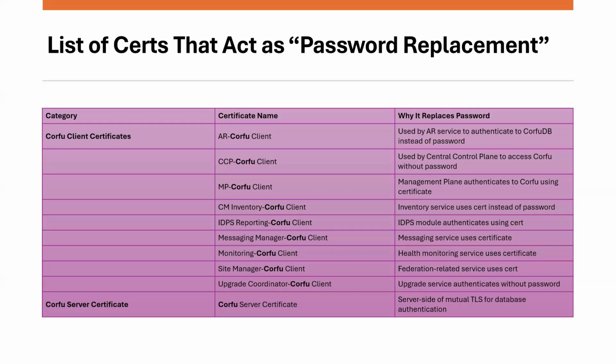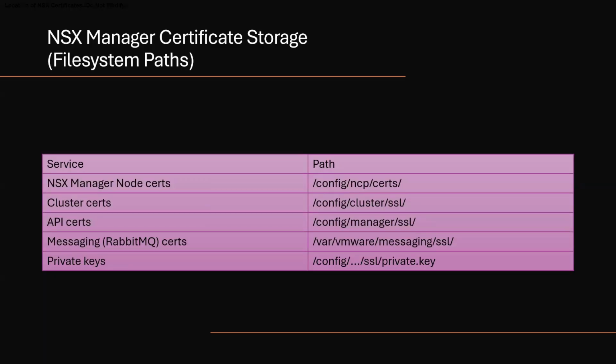So if you want to see where the certificates are located inside the NSX Manager, then you can use these commands. If you want to check the certificate of your NSX Manager, then you can go to config ncp certs in the NSX Manager, that is inside the command prompt. If you want to check certificates related to the cluster, anyway, we are going to build a cluster, right?